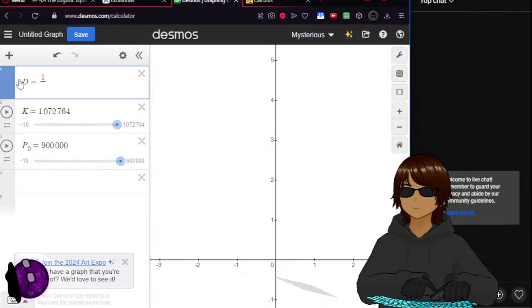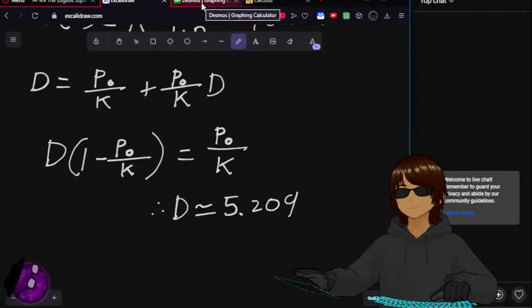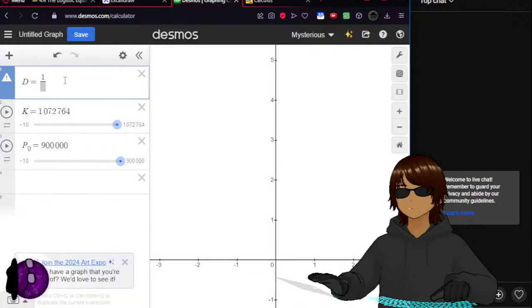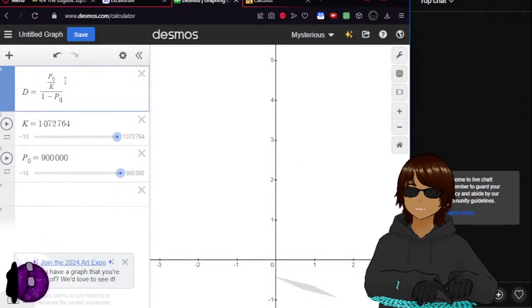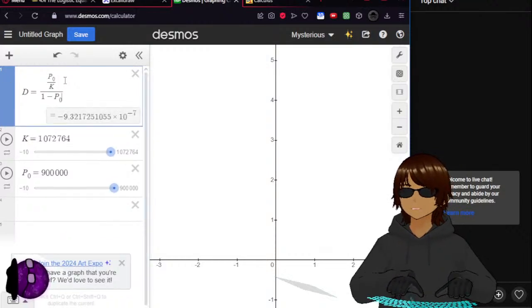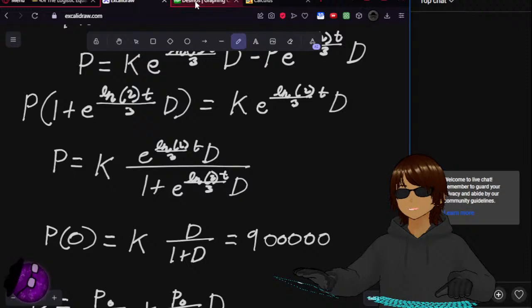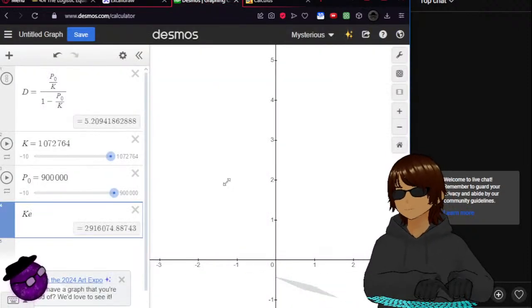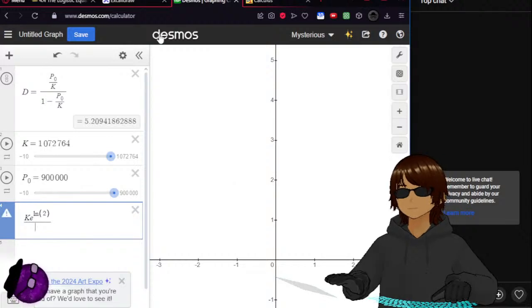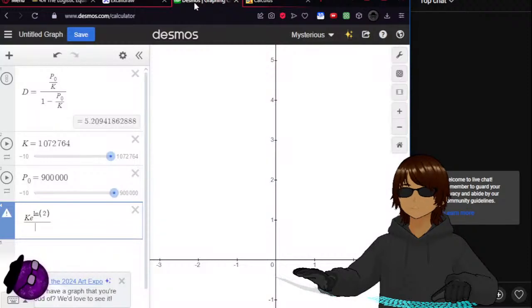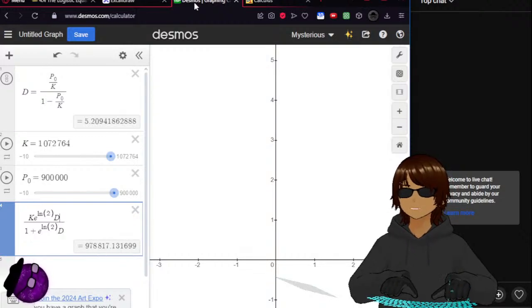And then the constant d is equal to P0 over K, and then 1 minus P0 over K. And now we do K times e to the power of ln 2, 1 plus ln 2 d.